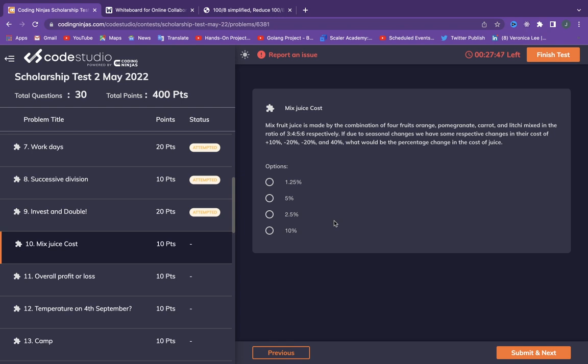So basically, this cost will affect 3 times as much, and this cost will affect 4 times as much, 5 times as much, 6 times as much. So I think it's going to increase, but how much I don't know.